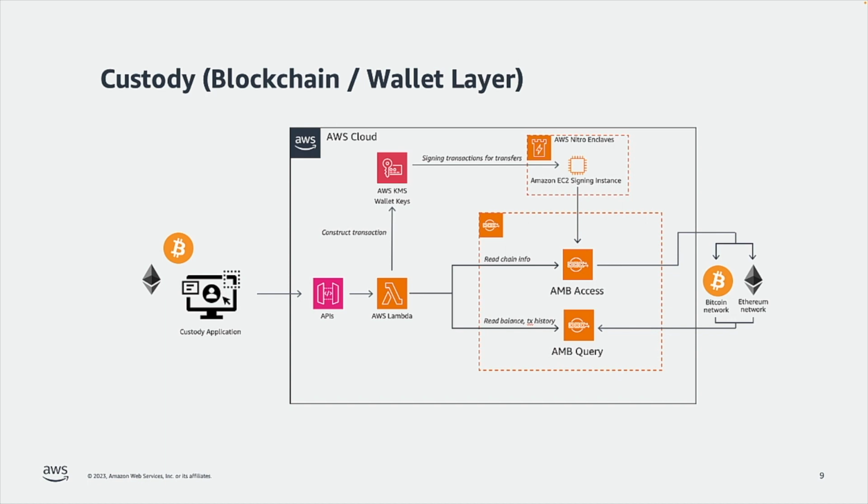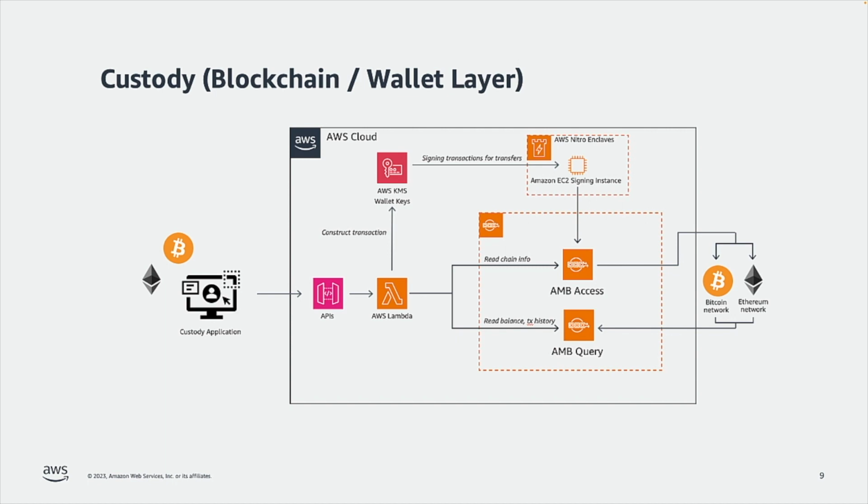Starting from the right, you have the custody portal that the user of this solution will access, and after the user verification process, he might be presented with a screen that shows the balances of all the cryptocurrency or tokens that this particular user owns. Now, in order for the portal to show these balances, the portal UI might call a REST API running on AWS Lambda that will internally call AMB Query to retrieve the user balances.